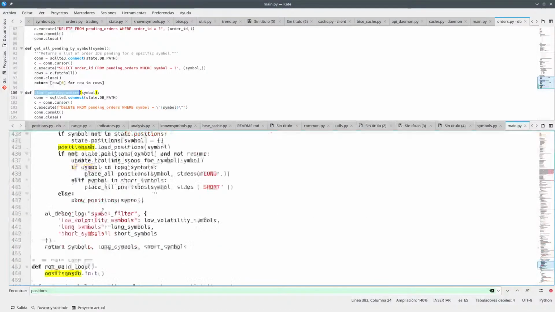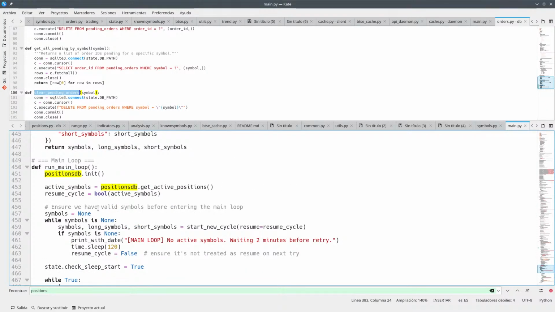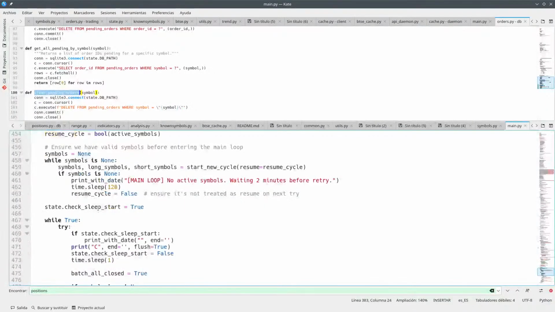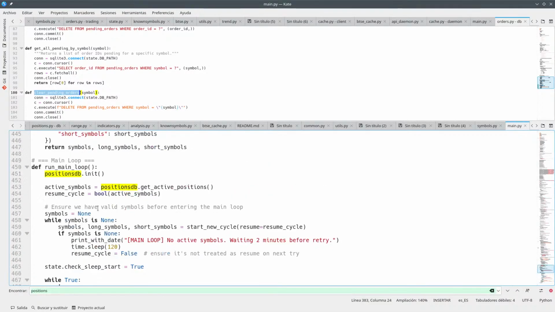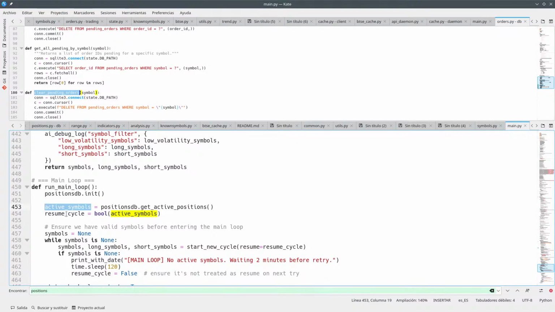What the hell is this? Active symbols. I mean, is this used anywhere? Resume cycle. Boolean. Okay. Resume cycle. So you resume a cycle if there's something.